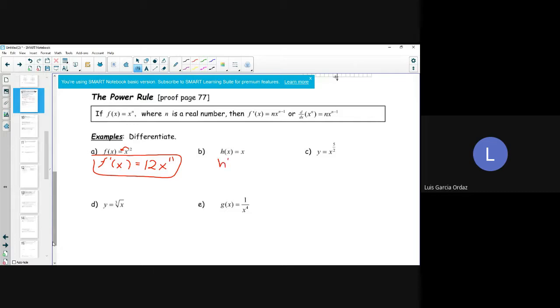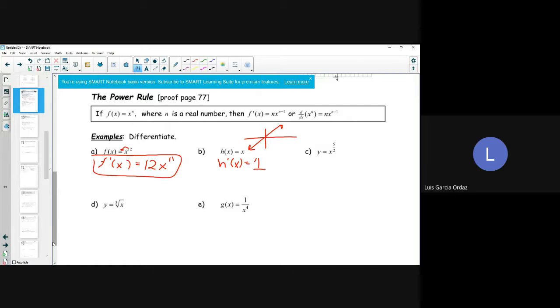We get h prime of x is equal to 1, because if we look at the basic graph of y is equal to x, my slope is 1, which means that my instantaneous rate of change at any x point is always going to be 1, which means I can therefore say that the derivative of x is always going to be 1.